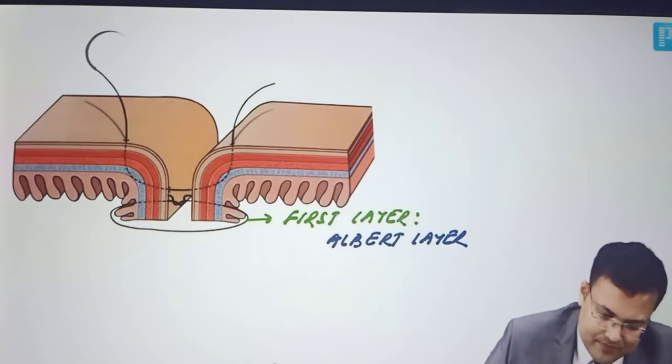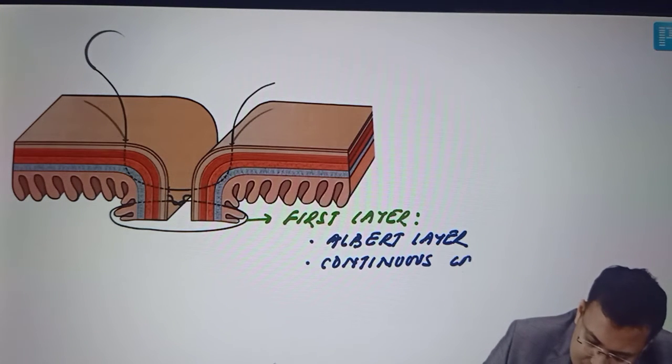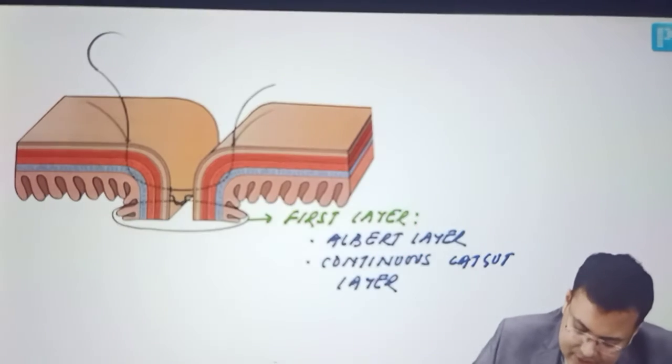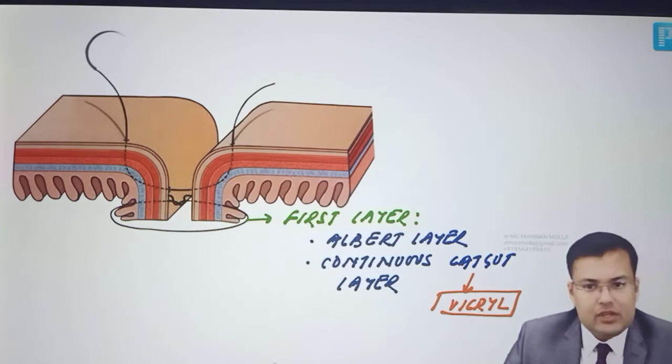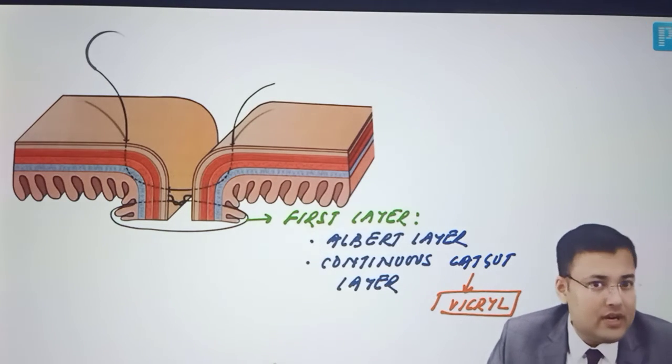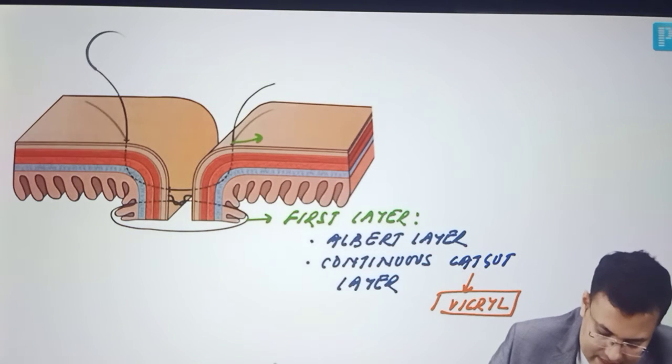So in the first layer, what we use nowadays is vicryl. And the second layer is the Lambert layer. You can see here, this is the second layer.